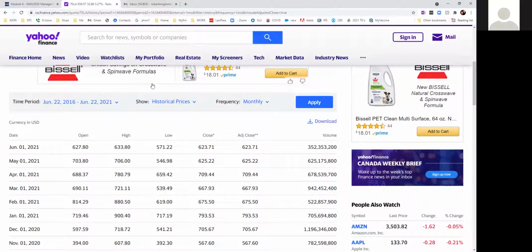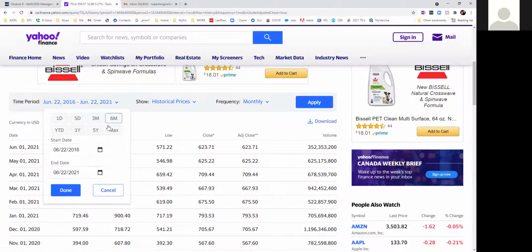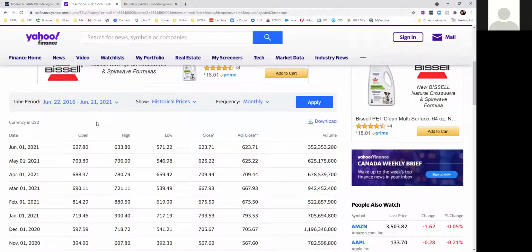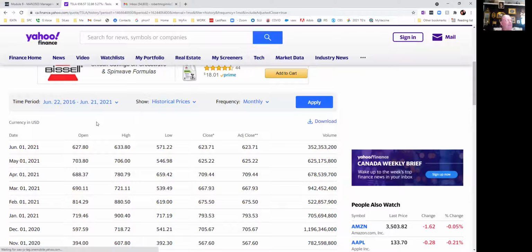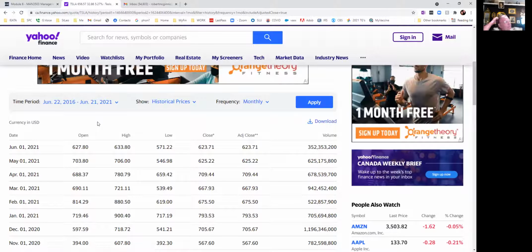It said closing stock price from 6/1/2015 to 6/1/2020. Download the information into Excel. There should be 60 data rows. Yeah, you can do that. You'd get the same result, but that doesn't need to be more current, which would be the last 5 years. So I will change that.